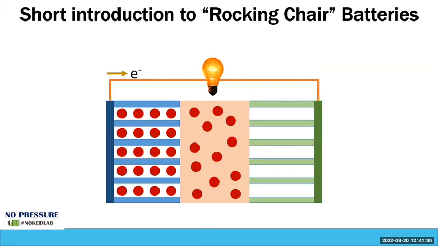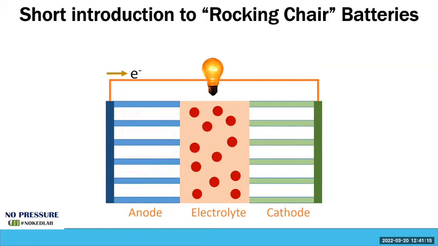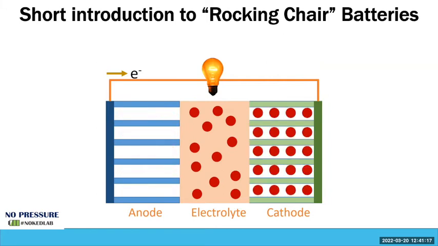And to compensate the charge of the electrons, there will be movement of cations. And this is how the battery works. So this is the side we call anode, this is the side we call cathode, and in the middle, this is the electrolyte. And when we discharge the battery, electrons flow, cations also flow, and then the cations move from one phase to the other phase, and this is when the battery is fully discharged.